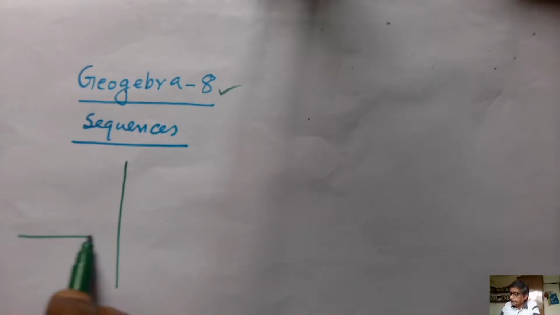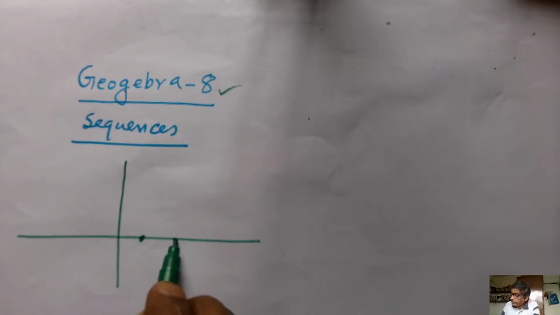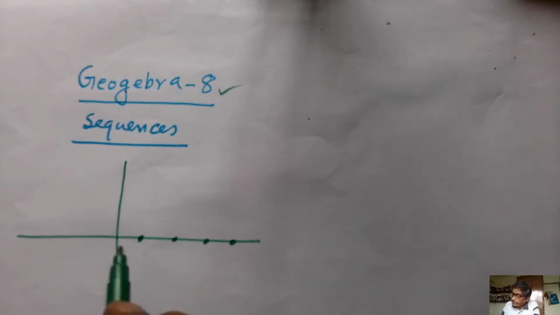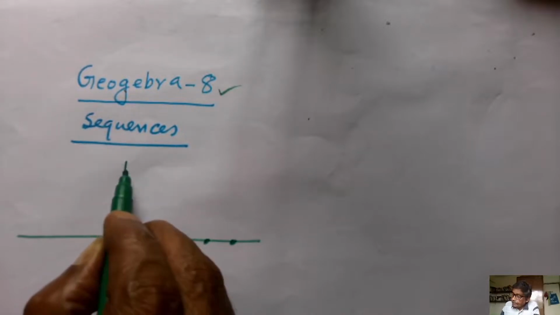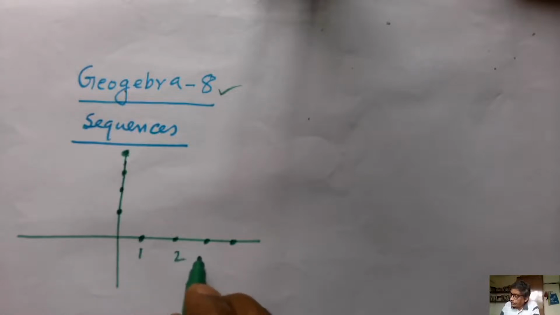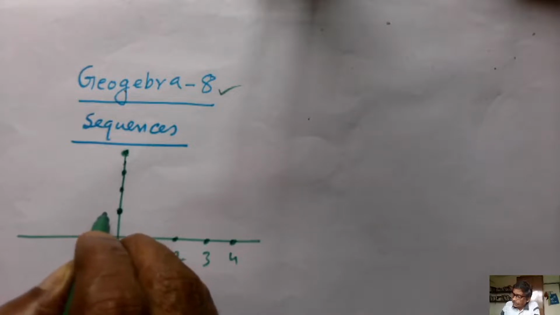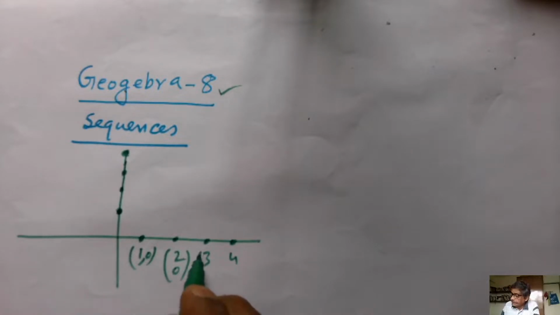In the axes, I will create some known number of points along the x-axis, say 4 points. It could be any number, and similarly here also I will create 4 points. Say 1, 2, 3, 4 along the x-axis, so the coordinates are (1, 0), (2, 0), (3, 0) and (4, 0).